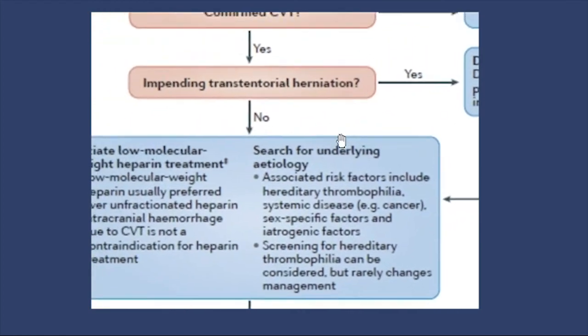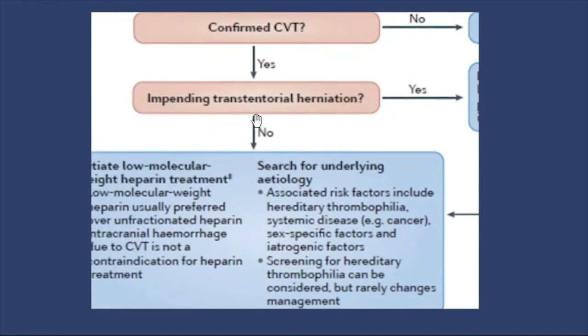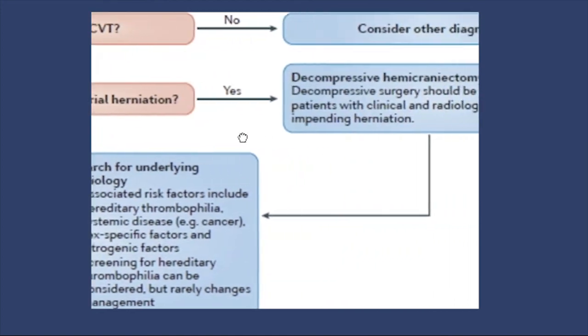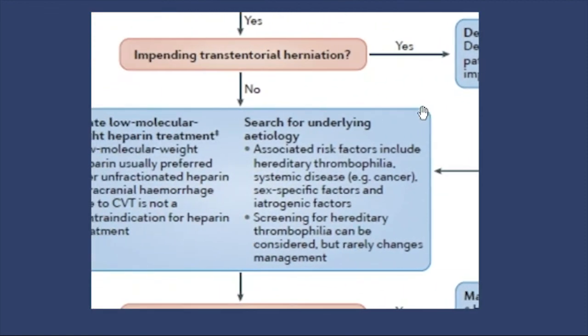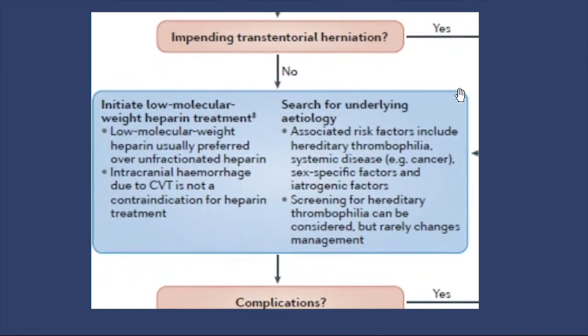So if you have confirmed CVT, then the question is whether there is impending transtentorial herniation based on your clinical findings and on the imaging findings. And here the recommendation, of course, is to do urgent decompressive hemicraniectomy.